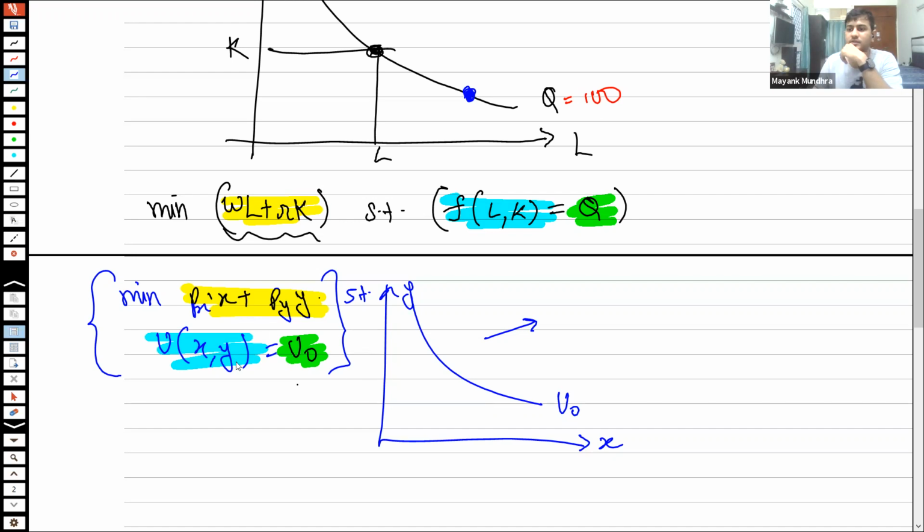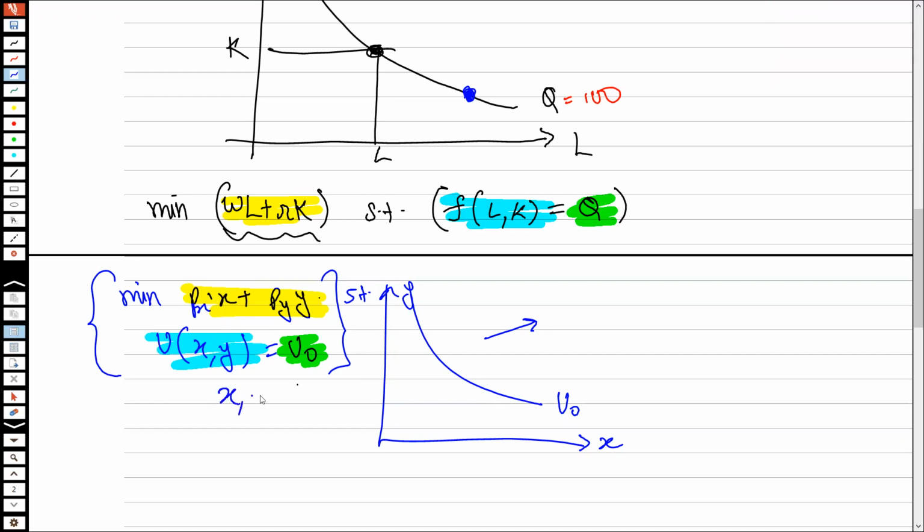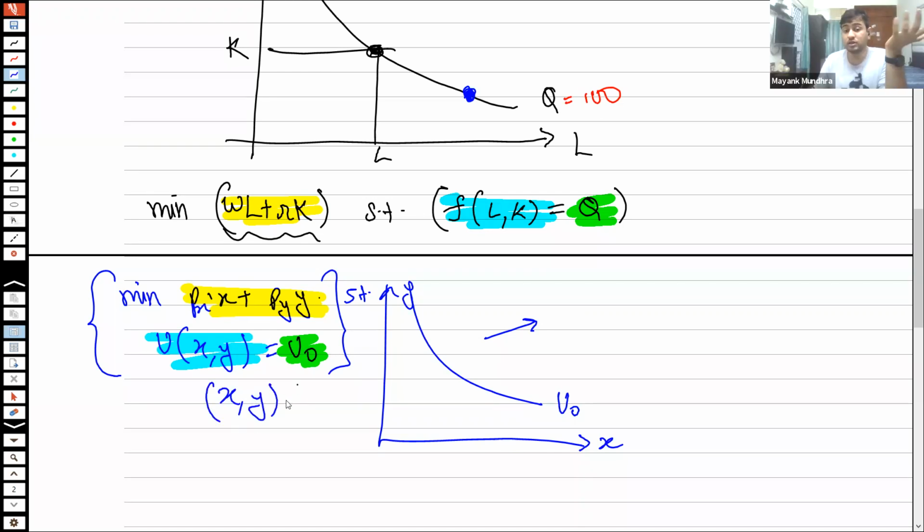Can you tell me the equations that we used to solve? First of all, how many equations do I need? What are the unknowns, by the way? So X and Y. Very good. So there are two unknowns, so I need two equations. What are going to be the two equations?